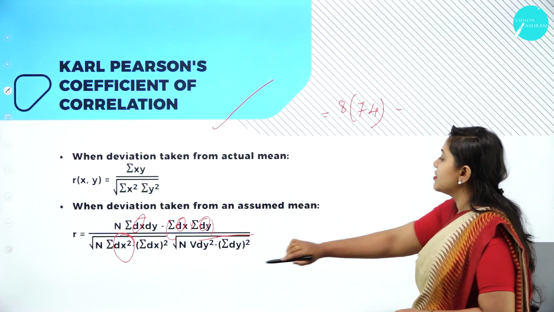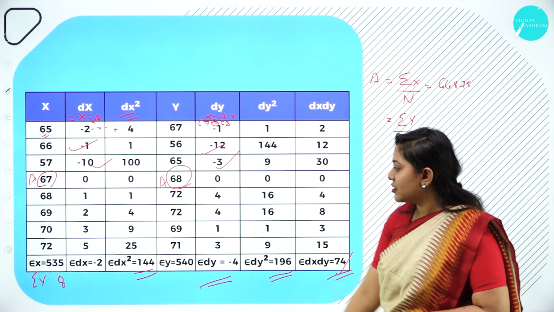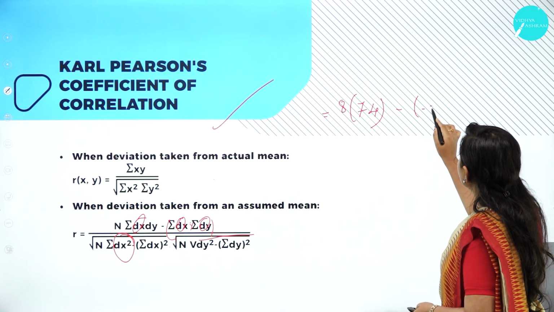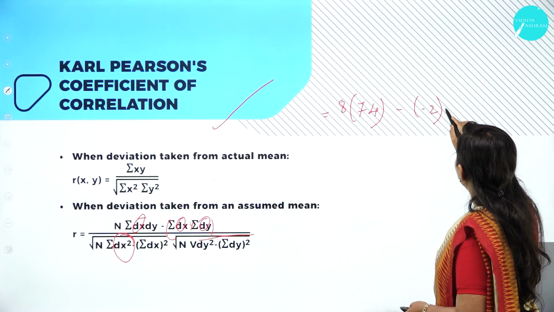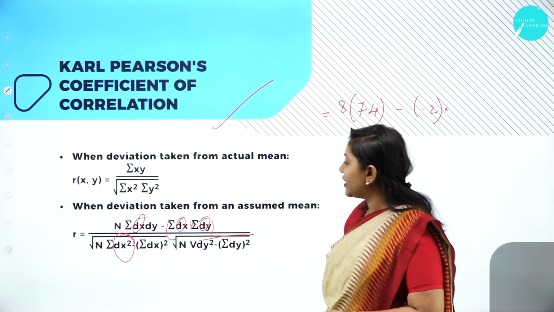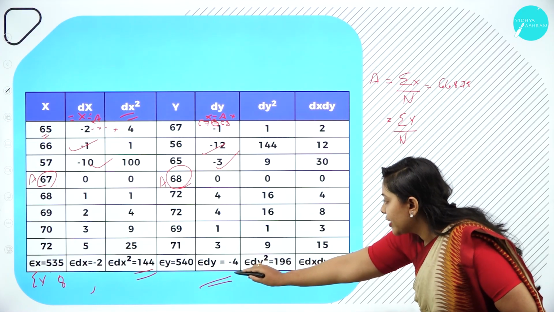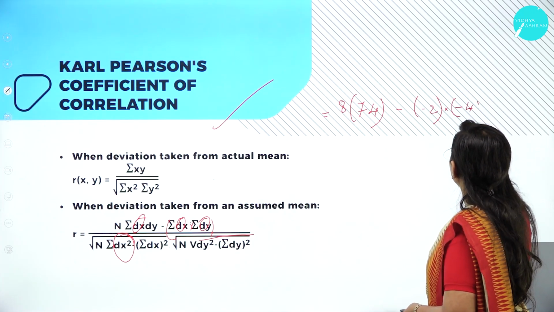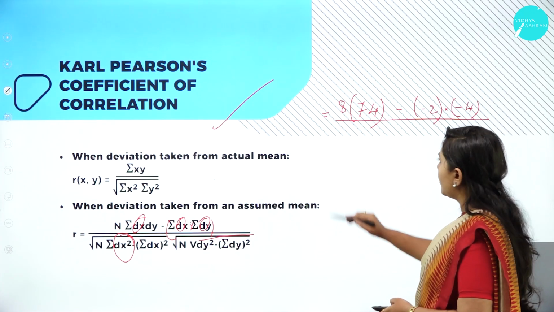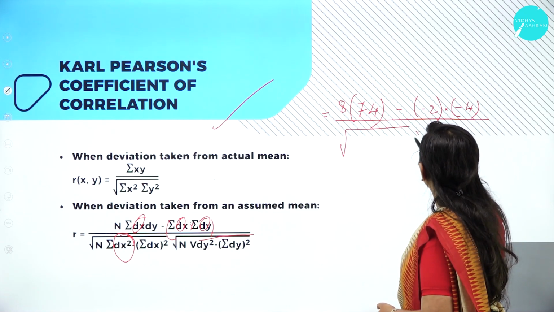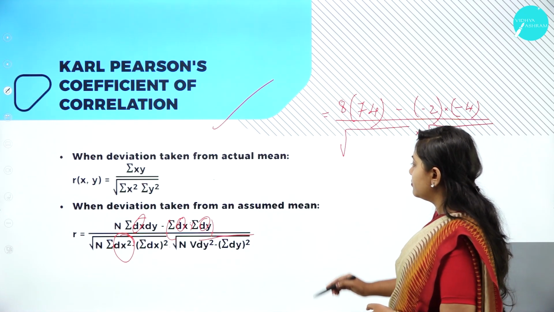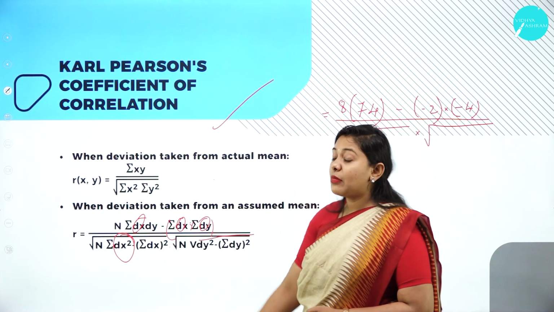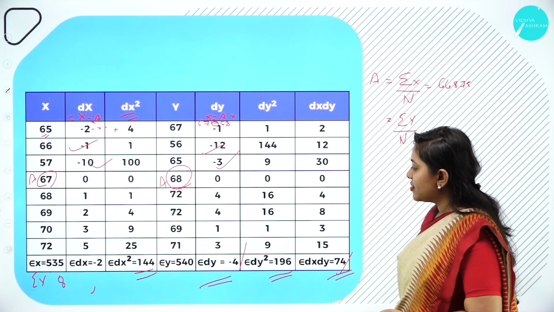Next, minus sigma dx, which is minus 2, into sigma dy, which is minus 4, divided by root, number of observations 8, sigma dx square is how much?